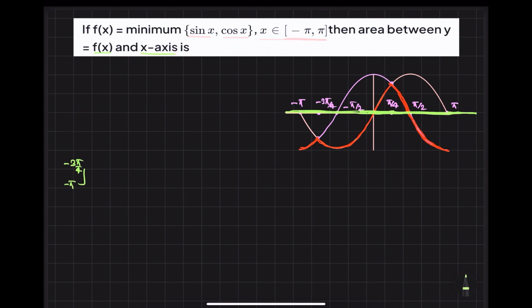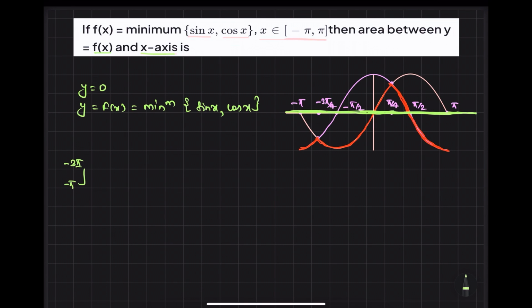So the green curve is above. Okay, so our graph is what? First is y equals 0, second is y equals f of x, and f of x is the minimum of sin x and cos x. So whatever is minimum, you will consider that part.